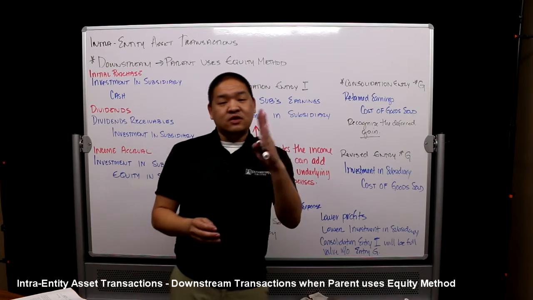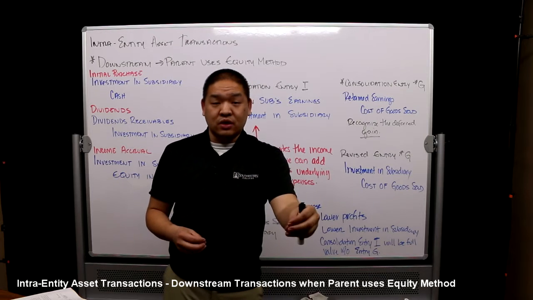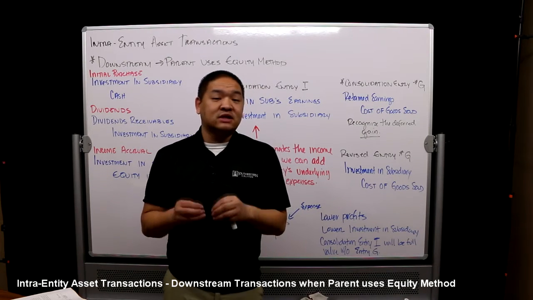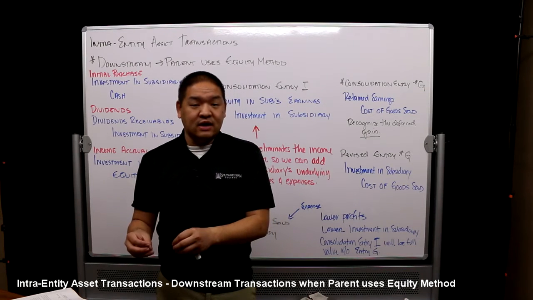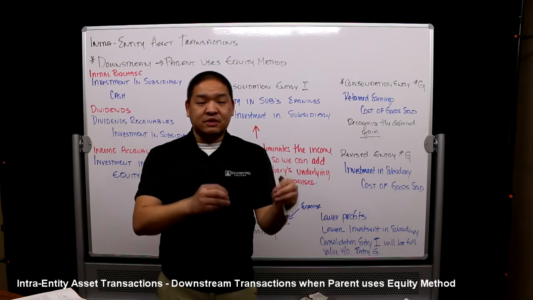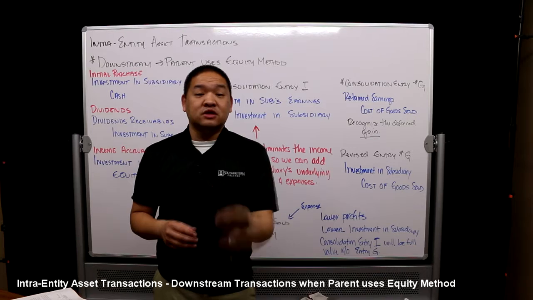And then after the new year, we would assume that that inventory would be sold, and because it would have been sold, we need to recognize the deferral of the gain of the inventory that the parent sold to the subsidiary with the consolidated entry star G.